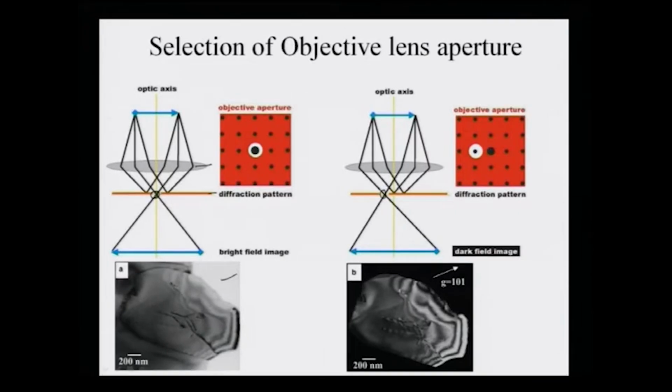On the other hand, if I take any of the diffracted beams like this and use it to form the image, then what you get is a dark field image. The field of view is dark and the image is bright, and this is what is shown here. So, by using the objective aperture, we can form either a bright field image or a dark field image, and this is routinely done in electron microscopes. Anyone doing normal microscopy is very well conversant with this.